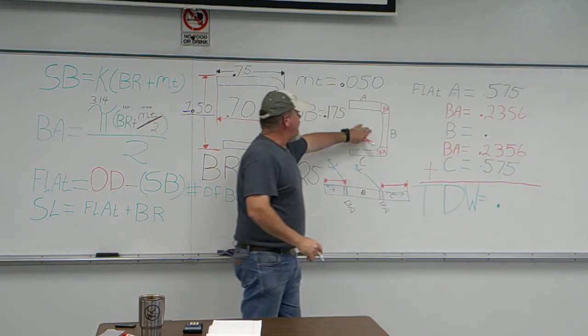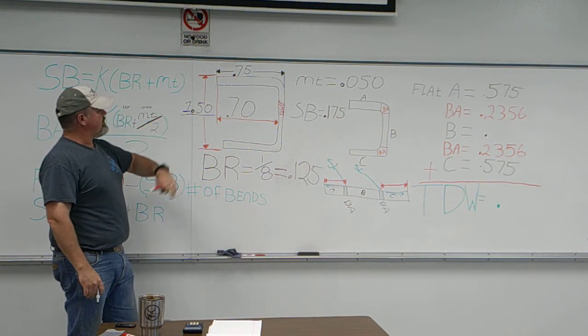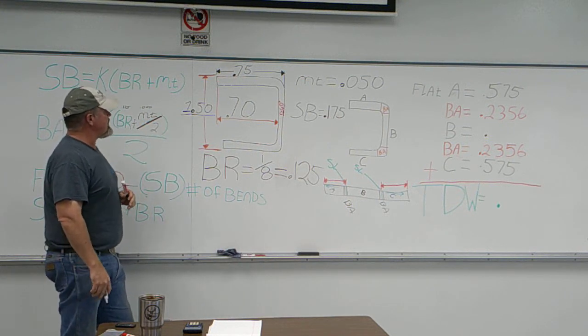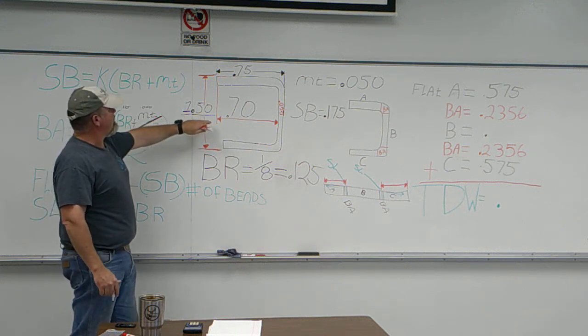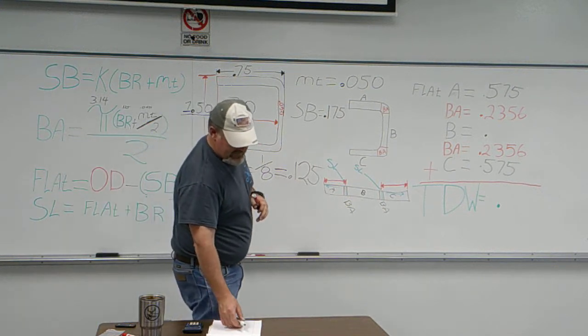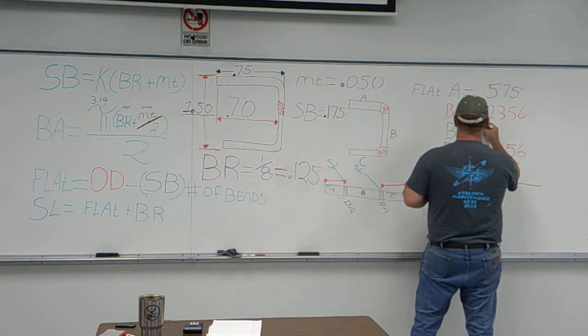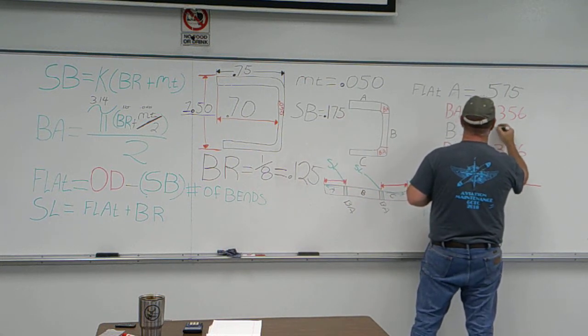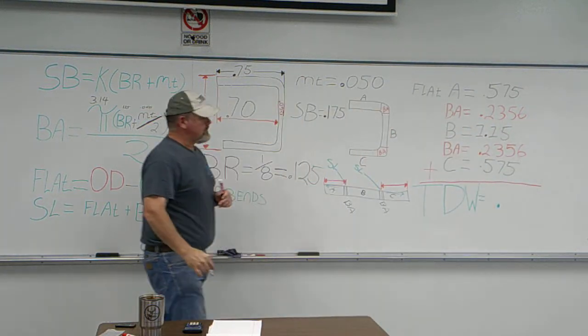Okay, now we have to solve for Bravo. So we have to take setback times 2, which is 0.175 times 2, and subtract that from 1.50, and that's going to give us a flat of 1.15.